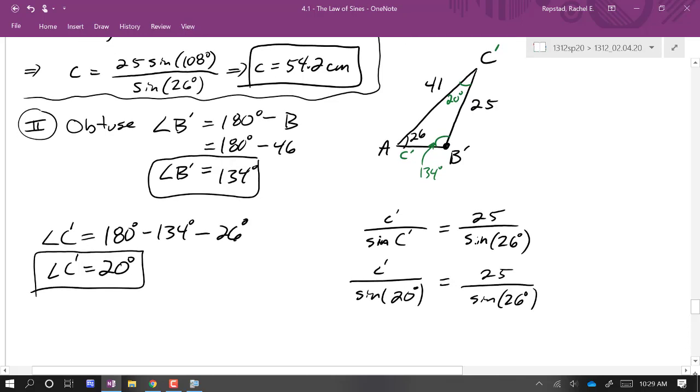That would be an unfortunate error. If I did that and found C prime, I'd stop here and scratch my head for a while, because I'd probably find that little side C prime was too big.